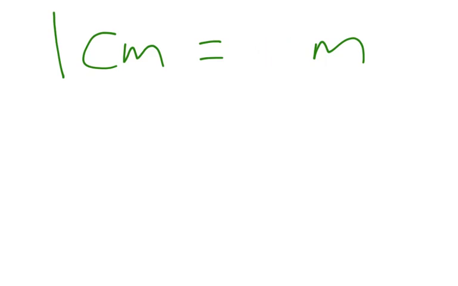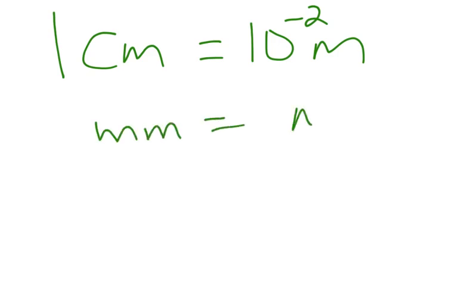Erase the second prefix and put in the power of 10 for that prefix. Centi is negative 2. And the next thing I see is millimeters. So millimeters equals millimeters. Again, put a 1 in front of the first one, erase the prefix for the second one, and put in the corresponding power of 10. So there are my two equivalent statements I'm going to need to use.